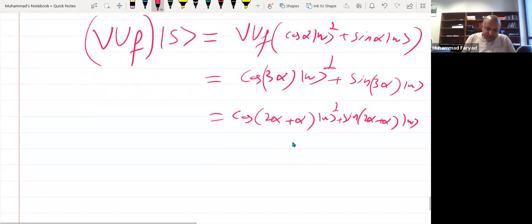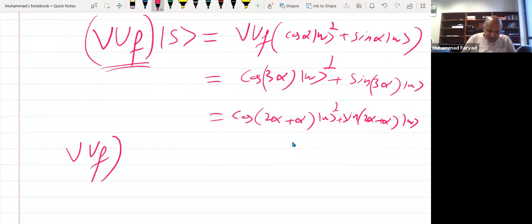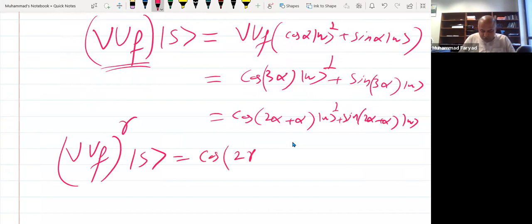Now, if I apply this VUF R times, then this state becomes cos (2R alpha plus alpha), because each time we apply this, it will rotate by 2 alpha, so 2 alpha will be multiplied by R, omega perpendicular plus sine (2R alpha plus alpha) omega.